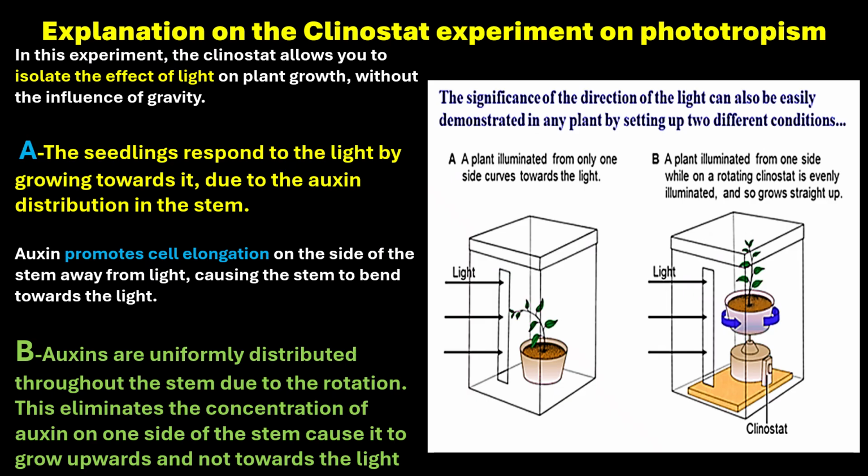Because the plant was rotating, you won't have one side only facing the light source. As it turns, the other side receives light, and then the auxins, whilst they are about to be destroyed, the plant turns again, and then another side is exposed. So you don't get all the auxins being destroyed because you're not receiving an equal amount of light at the same time on either side, and thus the plant grew upwards.